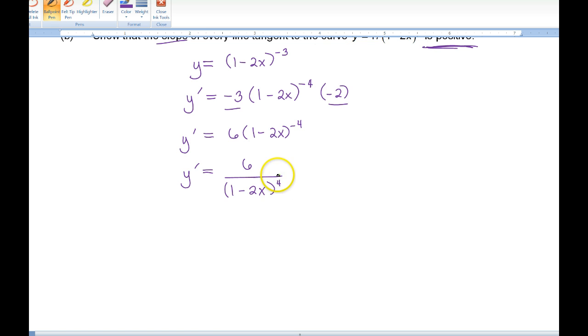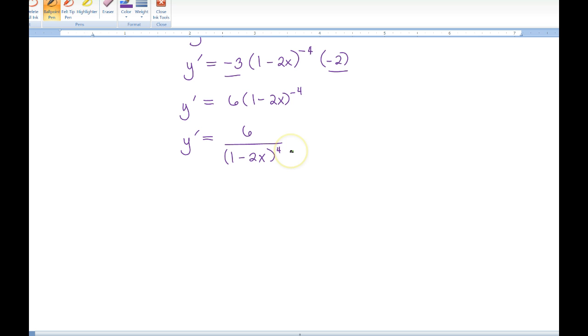So how do we know this is positive? Well, since it's a rational function, we can look at the numerator. Well, the numerator is equal to 6, which is positive.